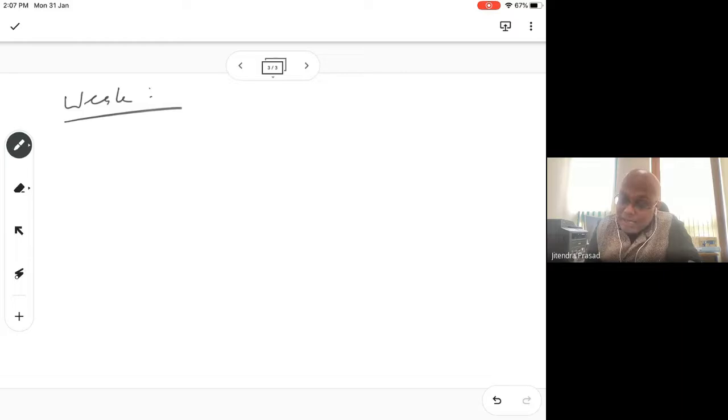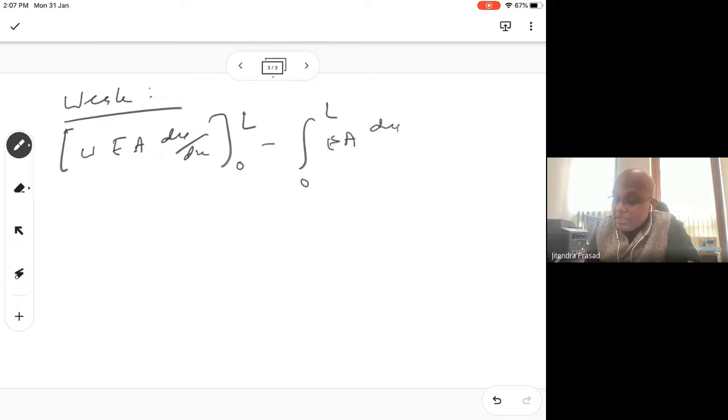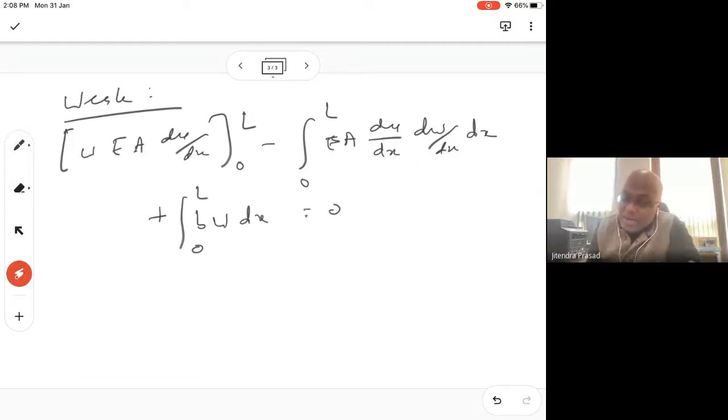We start with w EA du over dx from L to 0, minus the integral from 0 to L of EA du over dx dw over dx, plus the integral of bw dx from 0 to L equal to 0.